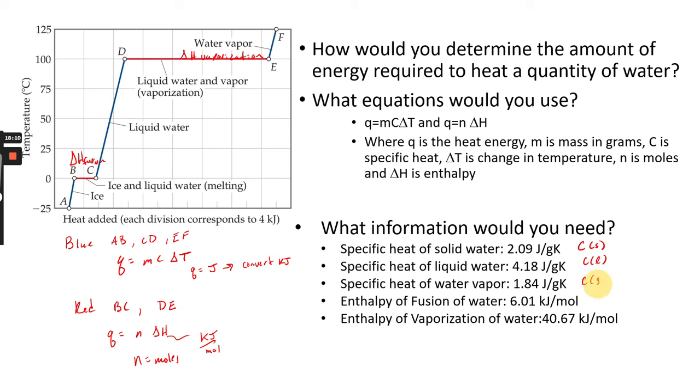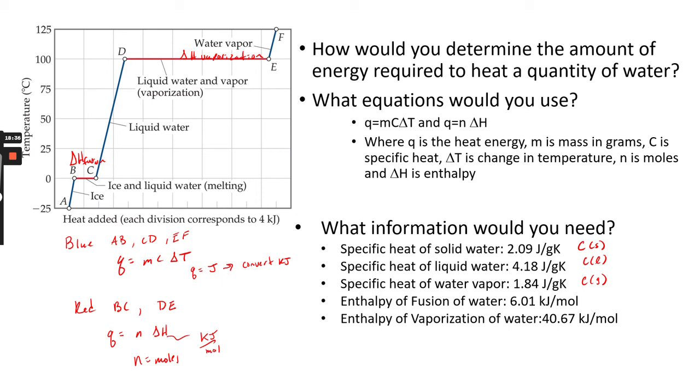And your specific heat of the gas is 1.84. So just by looking at this, your water has a higher specific heat, so it'll take longer for it to warm up. And if you compare the slopes here, AB is steeper because ice cubes will warm up faster than, say, your water.